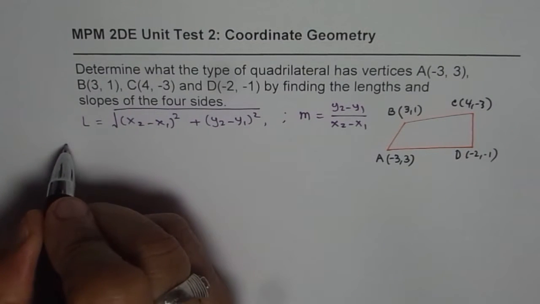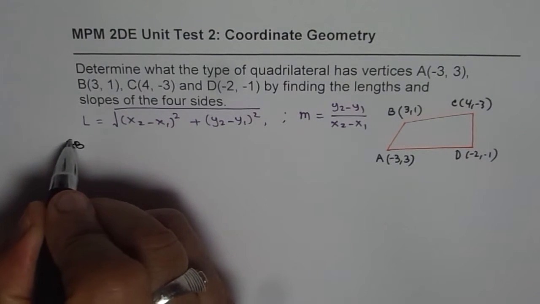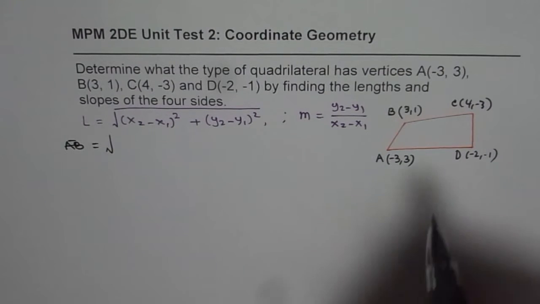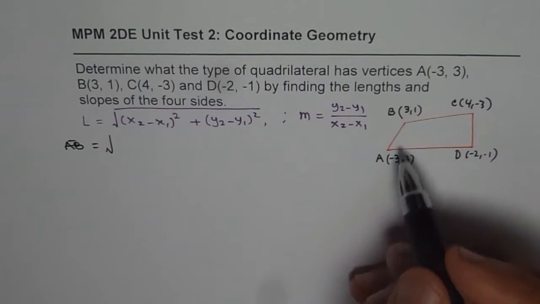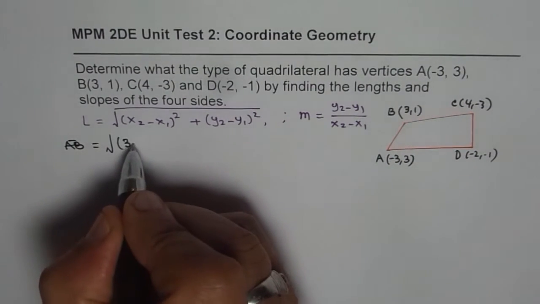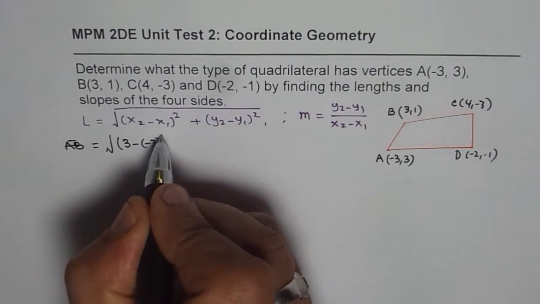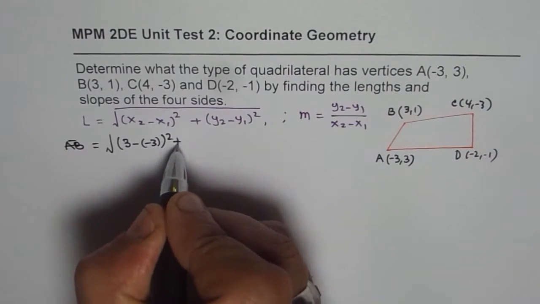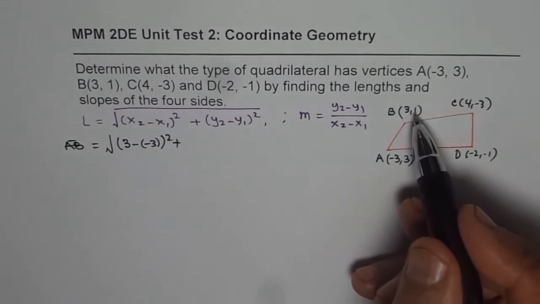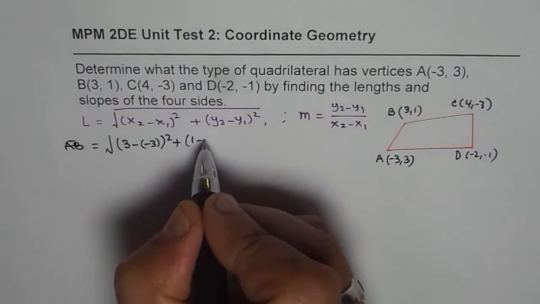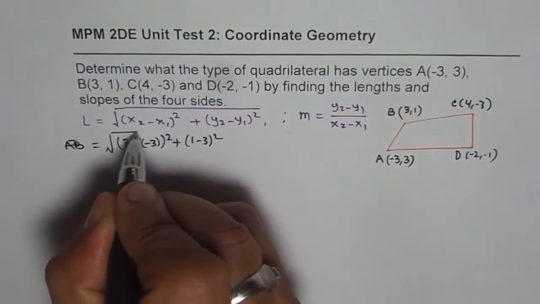So starting with AB, the length AB is equal to the square root of (3 minus of minus 3) squared, plus the y values, (1 minus 3) squared.